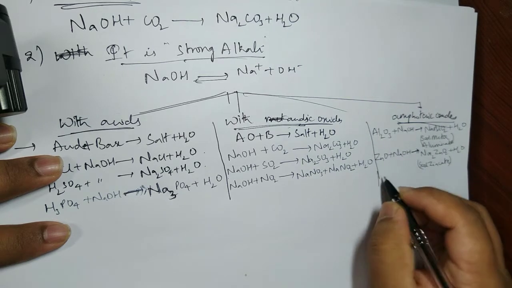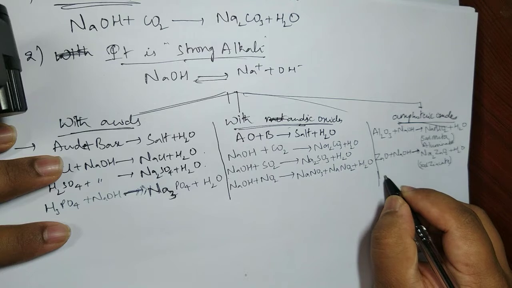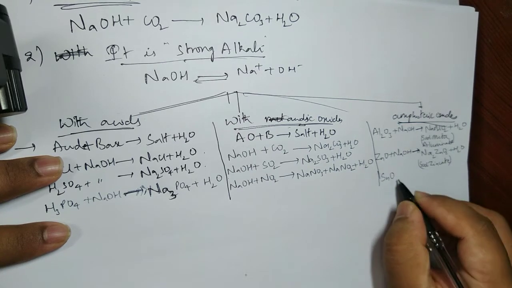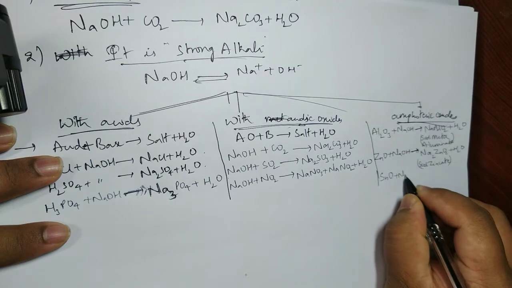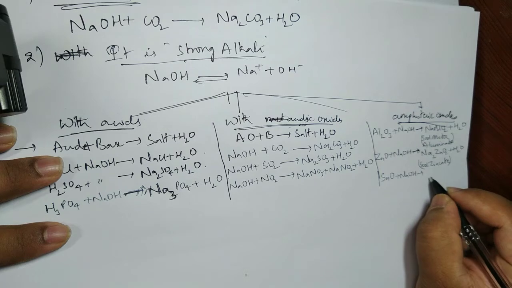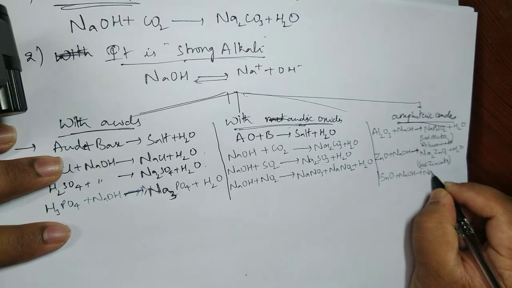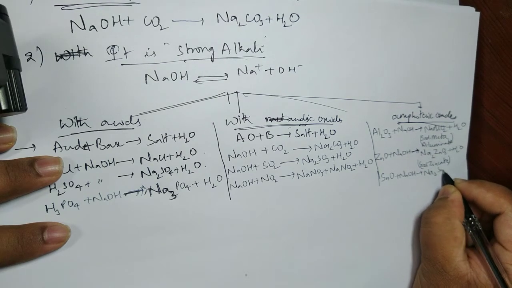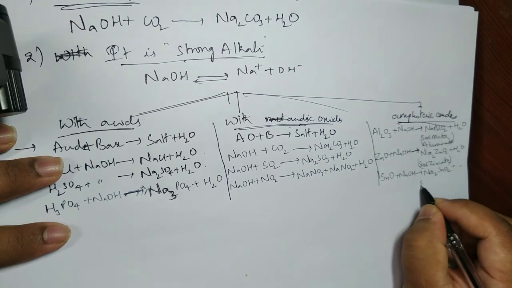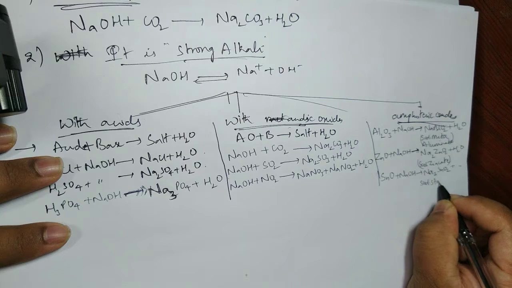And if I use SnO, this is important. SnO plus NaOH forms sodium stannite, SnO2 2- plus water. I am not writing water, okay? This is sodium stannite.